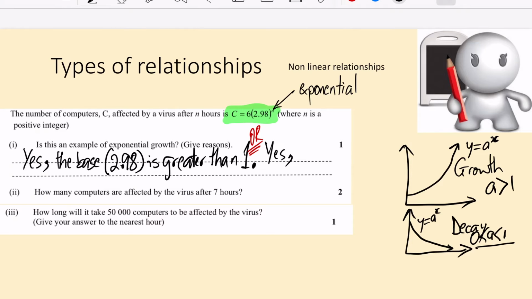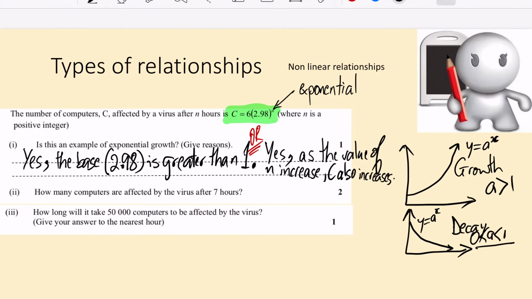Because as the value of n increases, c also increases, and it's actually increasing at a quicker rate than the value of n. Some pretty good answers here. It's either one or the other. Preferably, I would go with the first answer.